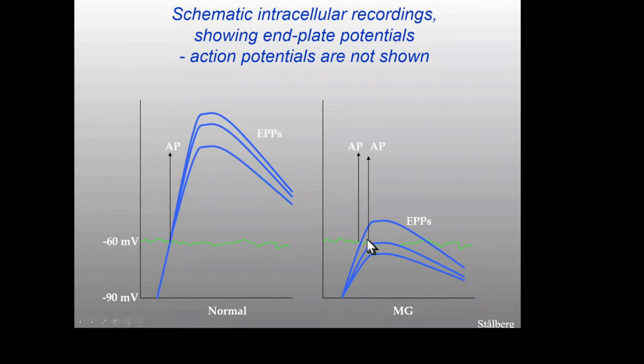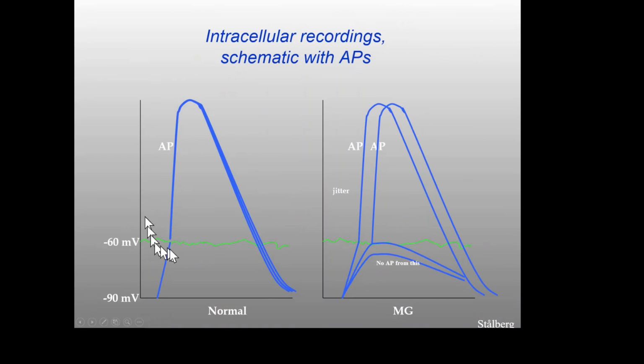But if the safety factor is reduced due to a transmission problem, then maybe the first end plate potential gives rise to an action potential, and the second also barely, but not the third stimulus. And here is what we see when we make the drawing of the action potentials instead.